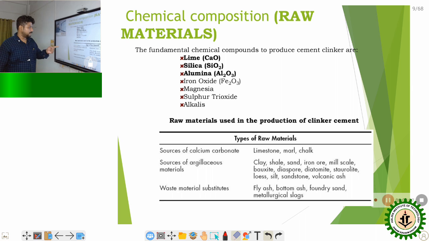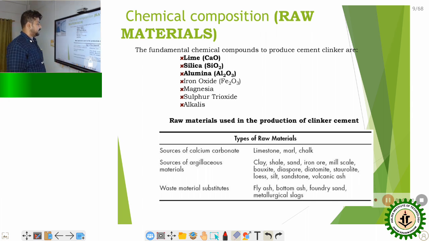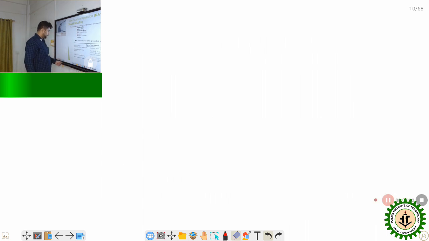Sources of calcium carbonate are limestone, marl, and chalk, which are calcareous materials. Argillaceous compounds are clay, shale, sand, iron ore, bauxite, and so on. And waste materials such as bottom ash, foundry sand, and metallurgical slags, which we also put in the cement at a certain percentage to make it environmentally friendly.